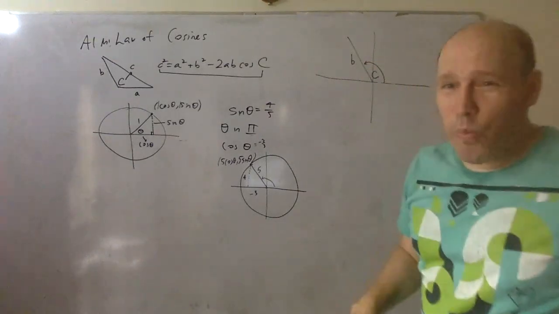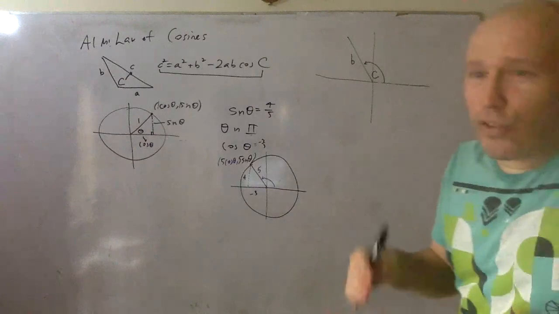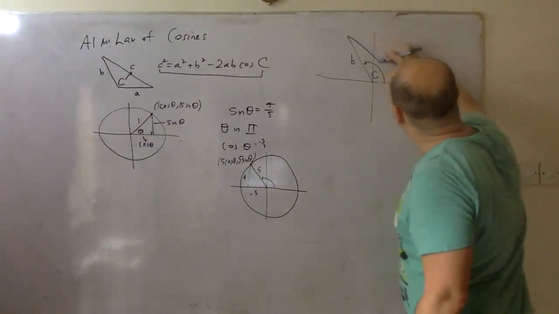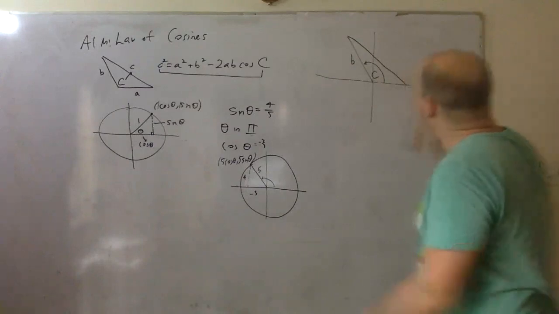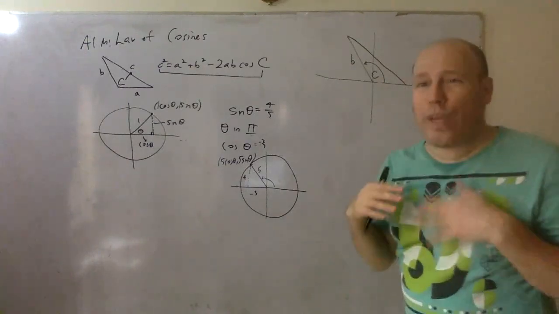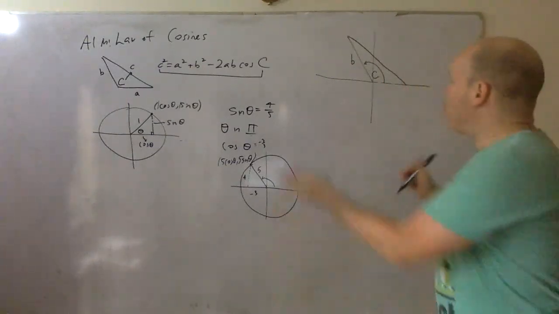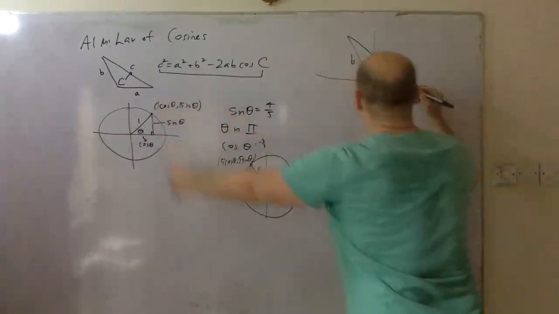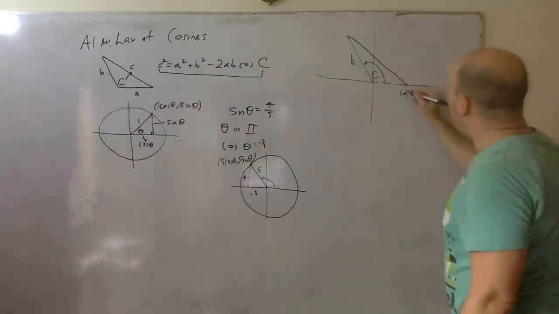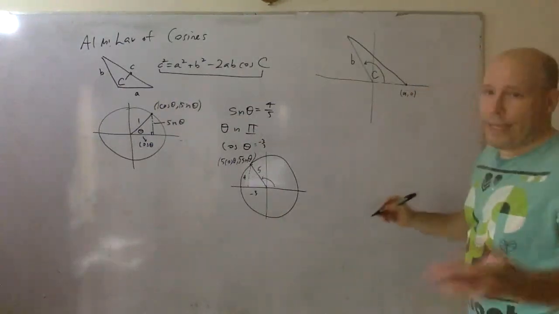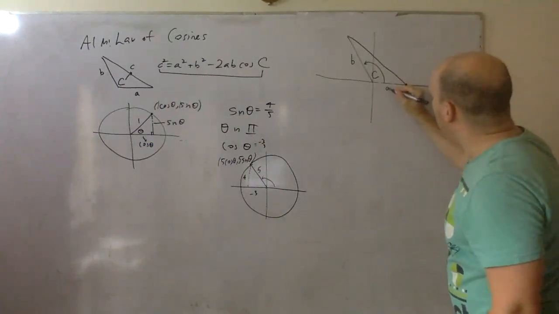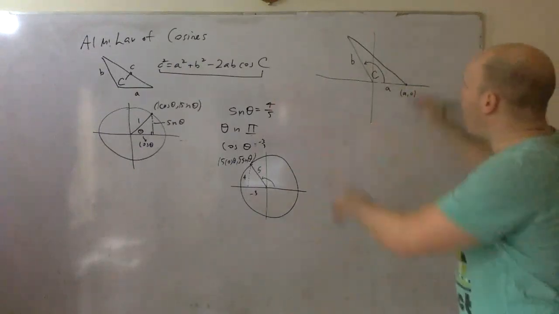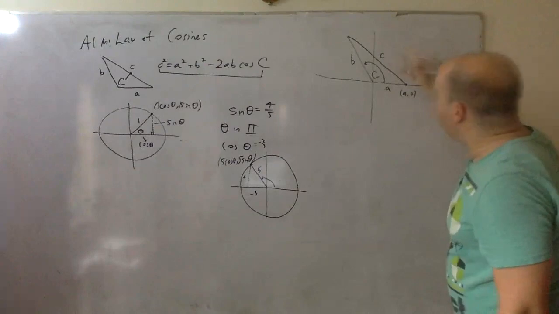Now, this is kind of the cool part. This unit is about the triangle, so I'm going to draw a triangle here. We're mathematicians, we can do whatever we want. I'm going to draw a triangle to this point, and I'm going to call that point (A, 0), which means this length is A. The goal is, how do I find side C?